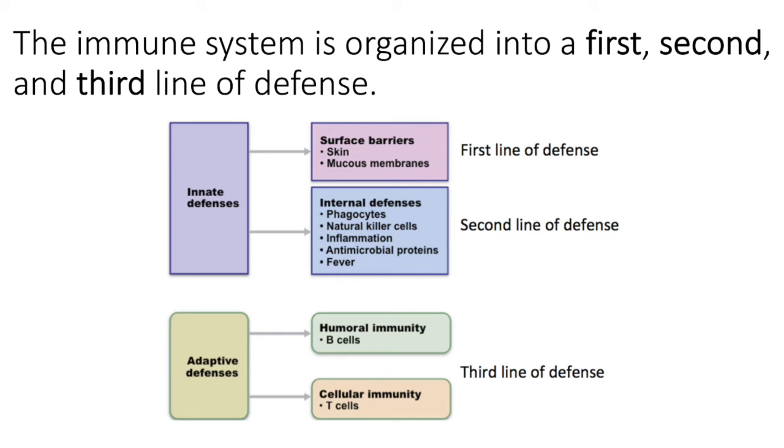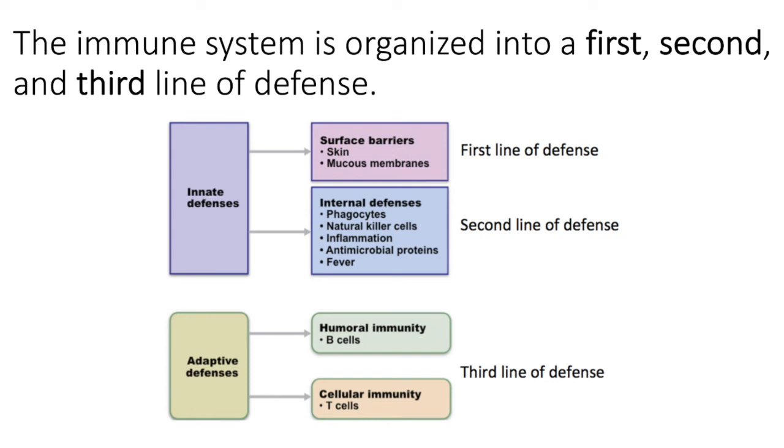The third line of defense is the specific or adaptive immune system. It is made up of lymphocytes, T cells, and B cells. And these two lymphocytes respond to a pathogen differently than the innate immune system.